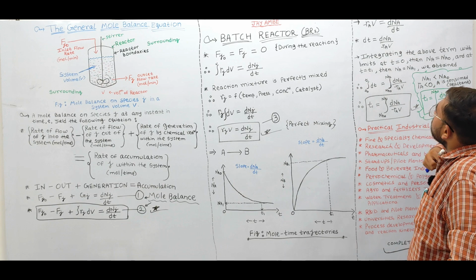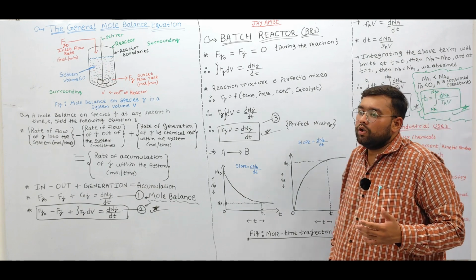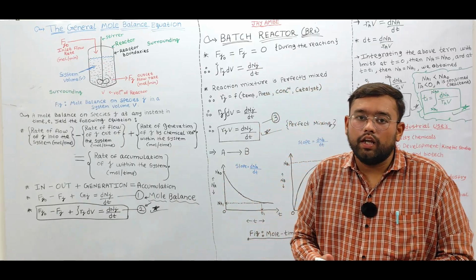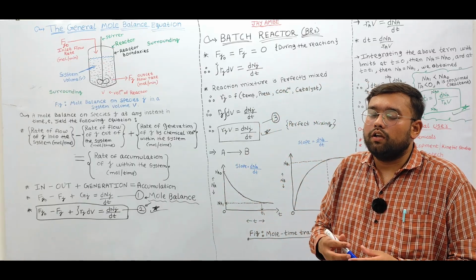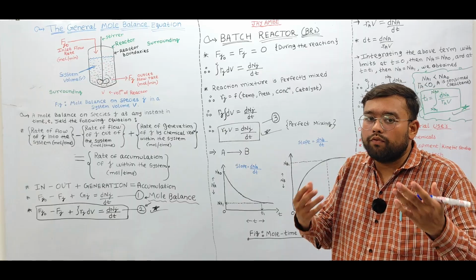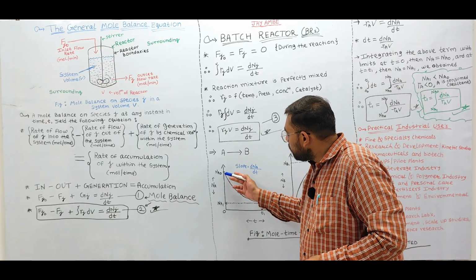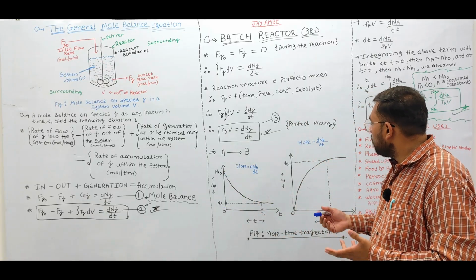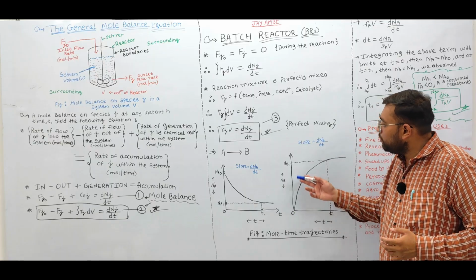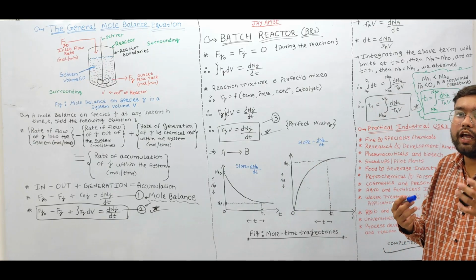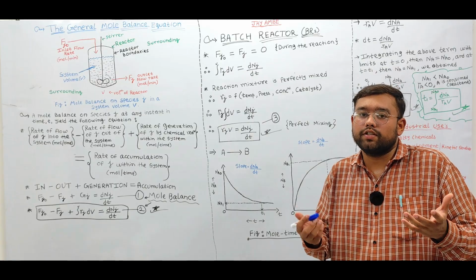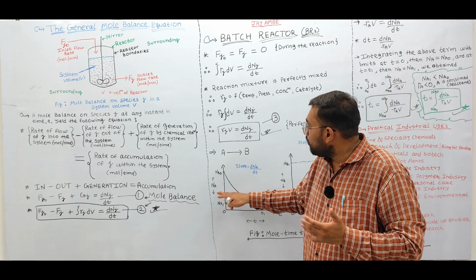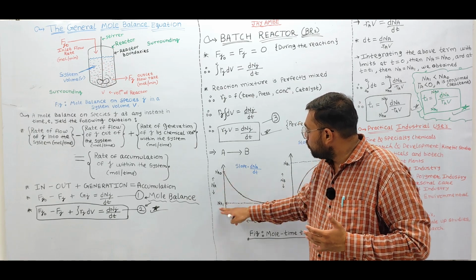Now if we want to find out what time is necessary to reduce the initial moles of reactants from Na0 to Na1, and from Nb0 to Nb1, what time is required to reduce the initial moles from Na0 to Na1?